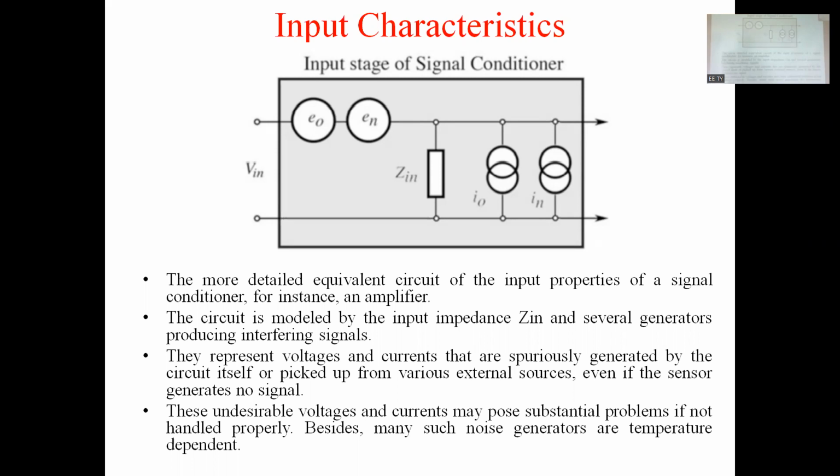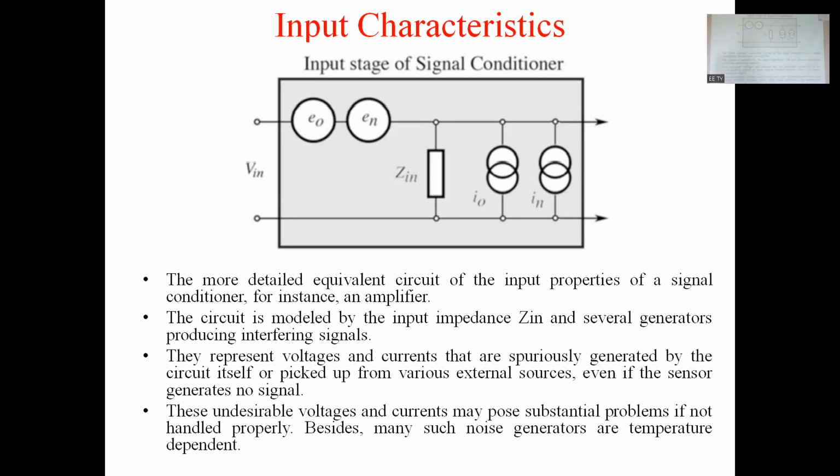See, the more detailed equivalent circuit of the input property of the signal conditioner for instance an amplifier can be shown in this figure. So the circuit is modeled by the input impedance Zin and several generators producing interfering signals. The generators are used to produce the interfering signals.